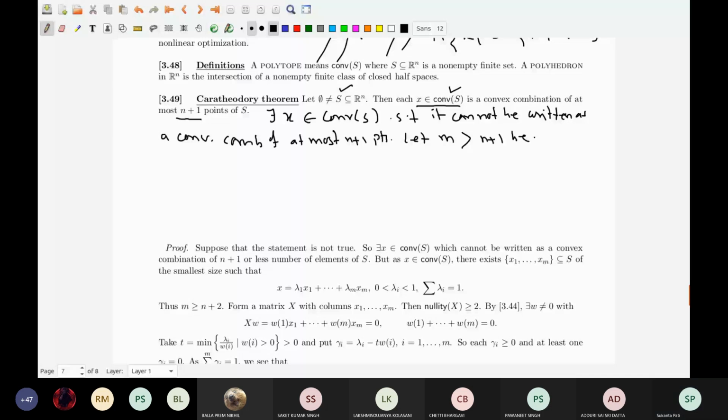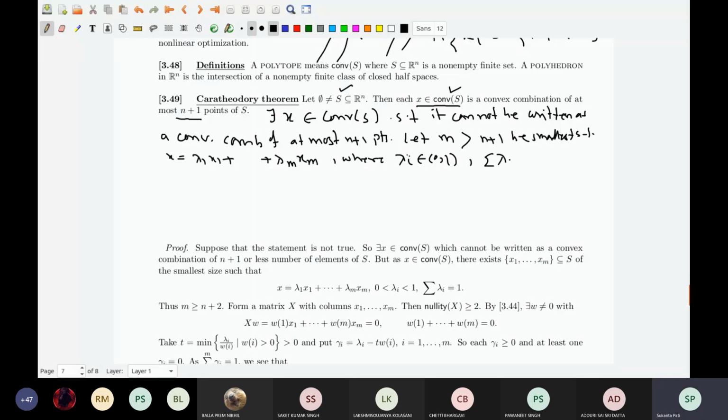such that x is equal to lambda 1 x1 plus ... plus lambda m xm, where these lambda i's are positive, they belong to (0, 1], and the sum for i running from 1 to m is equal to 1.